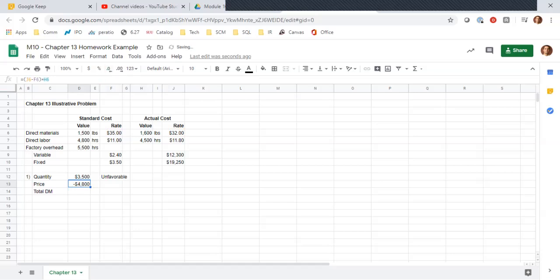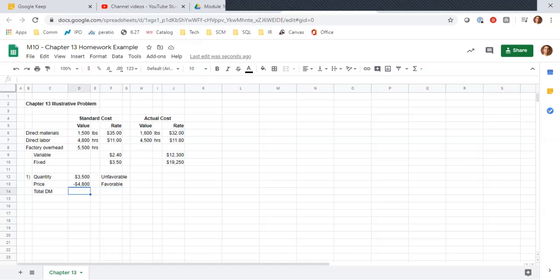So our price variance is $4,800. This is negative. So we need to figure out if this is a favorable or unfavorable variance. Okay, so in this case, our quantity doesn't matter for our variance. So the only thing that matters is our rate. And our actual rate was less than our standard rate. So this variance is a favorable variance.